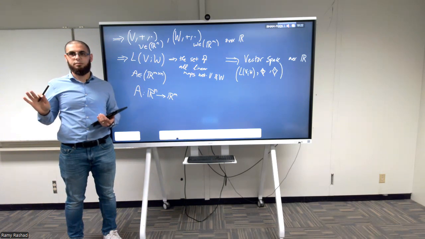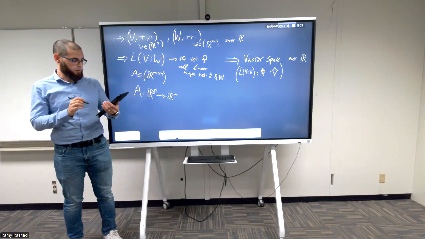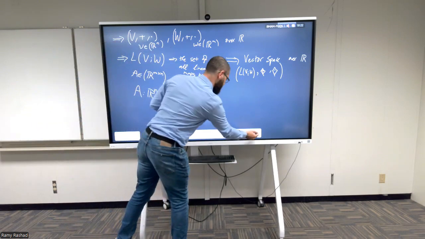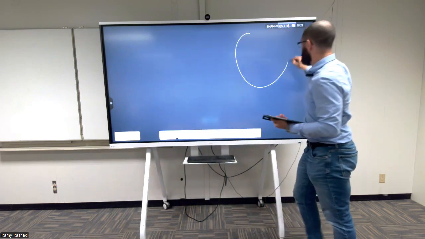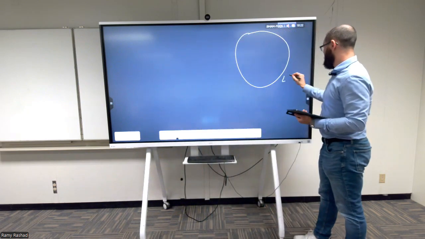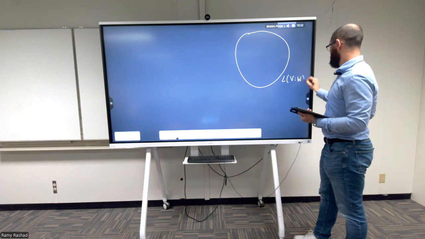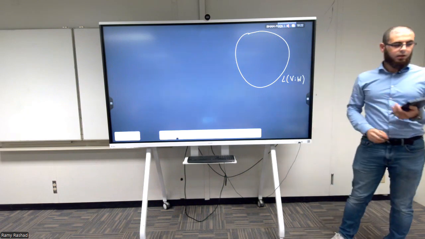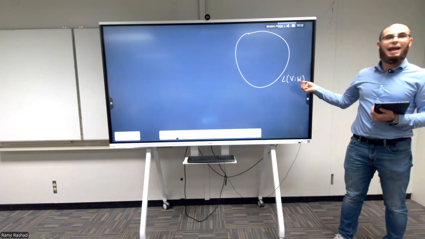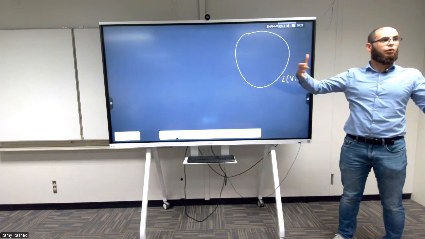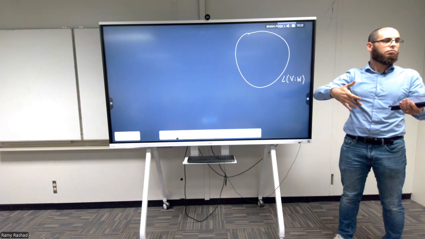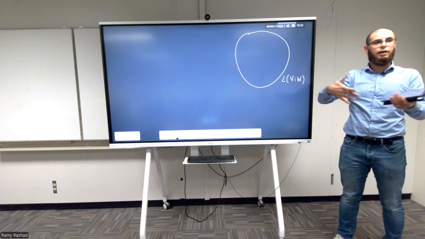Any questions? Okay. Now, because we have this big set, which we called L(V, W), and every element in here is a map, what can we look at?